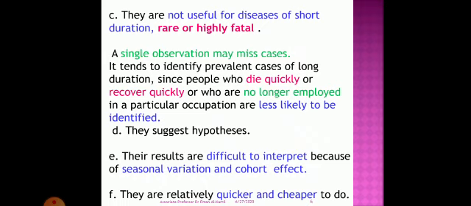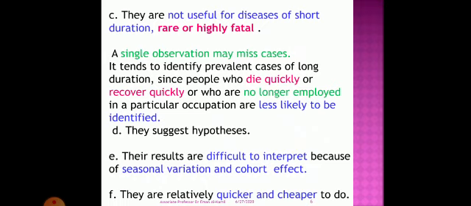For example, if we want to study the effect of a certain occupation on a group of workers, and an individual was absent on the day of the study, maybe because of the disease under study, we are going to miss some of the cases, or there will be underreporting of cases.